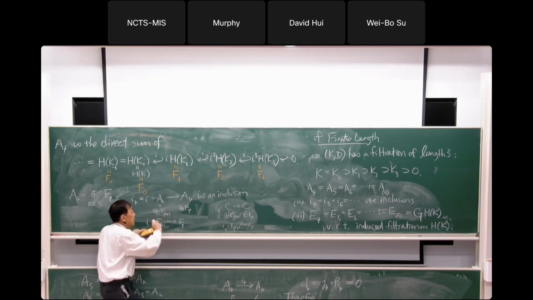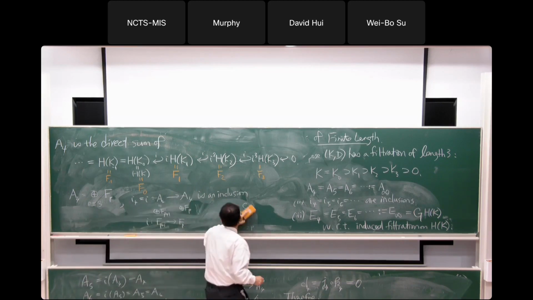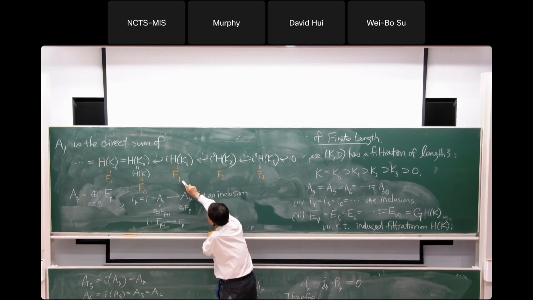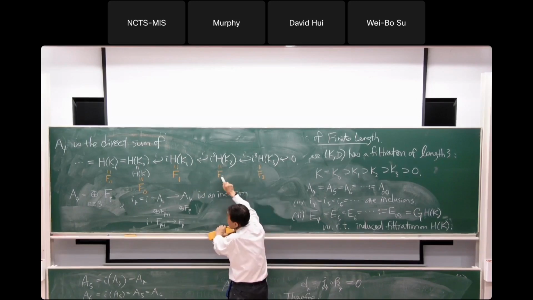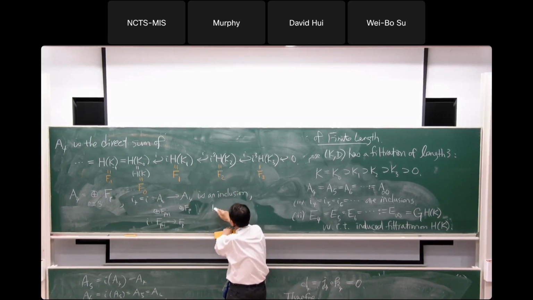So this map is not the identity map, okay? It comes from sending F2 to F1, F3 to F2, and so on. It's an inclusion, but not the identity.